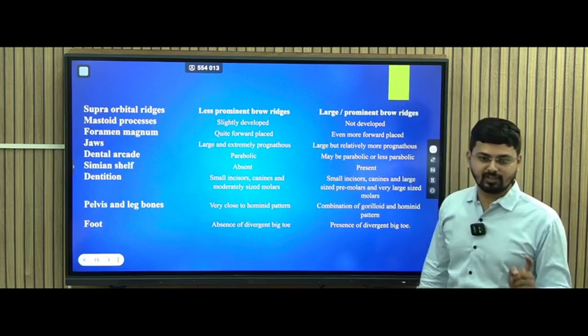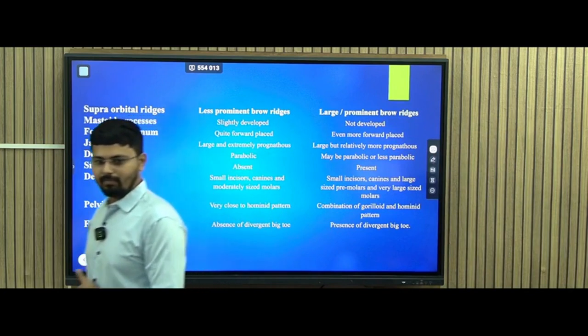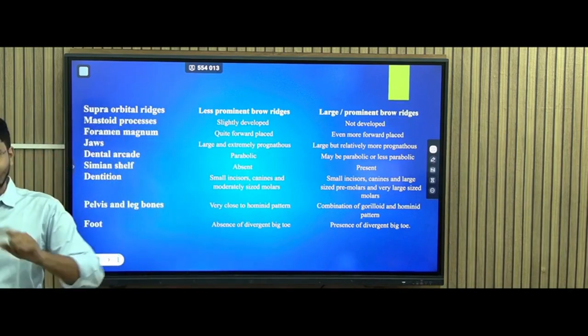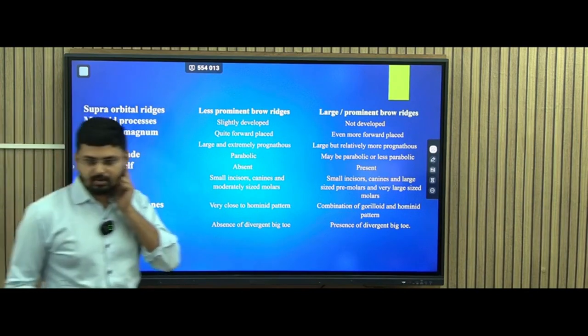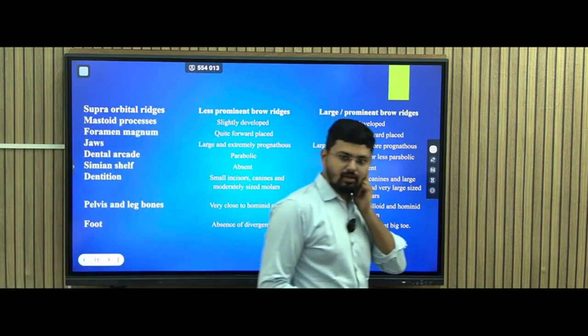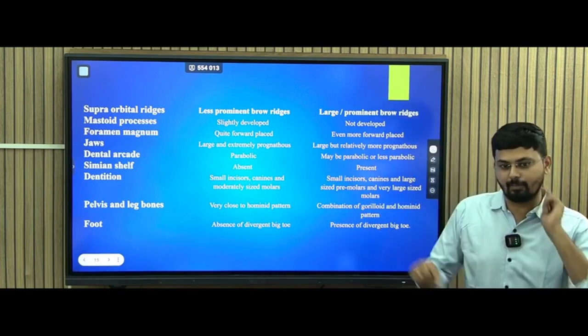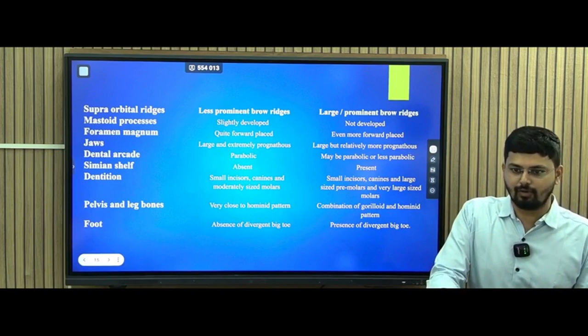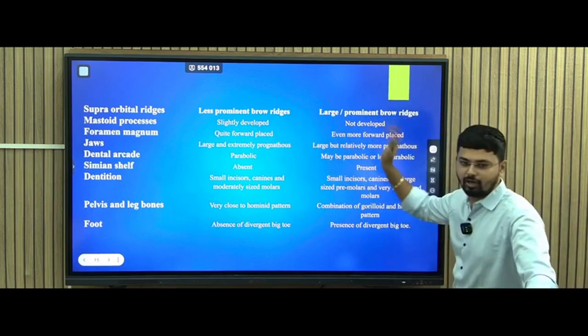And mastoid process, see I told you zygomatic bone will become lesser, like that mastoid process will develop well. Mastoid process means the bone behind your ear. Okay, so this will develop better in humans compared to the earlier forms. So we should know here it is slightly developed, here it is not developed at all.